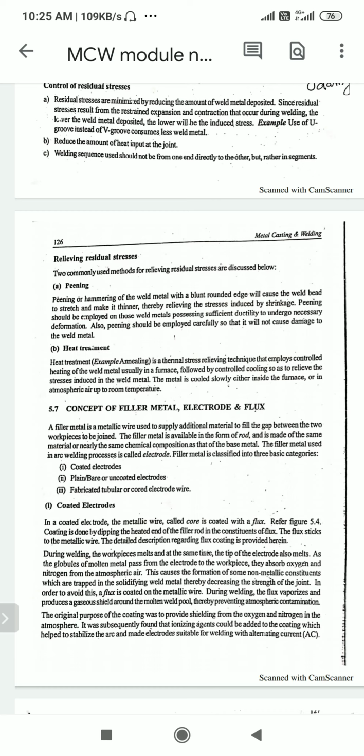You have seen that after completing the welding, the welder uses a small peening or chipping hammer. He gives hammer blows on the weld deposit, so that whatever carbon content is deposited, one layer is removed. Because of that, the residual stresses come out.